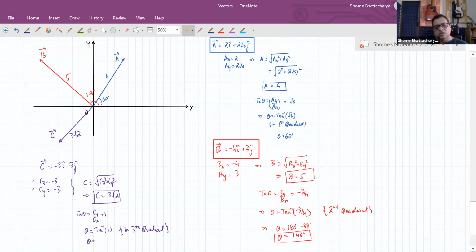Theta will become 225 degrees, that is 180 plus 45. So this one will make an angle which is like this now.